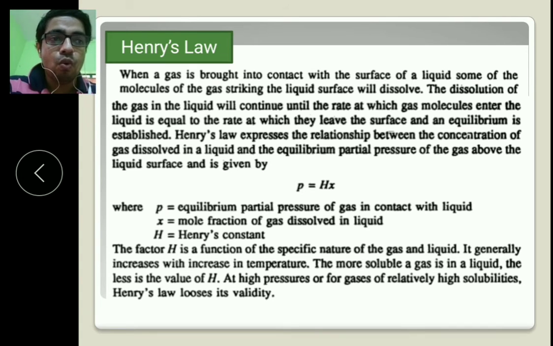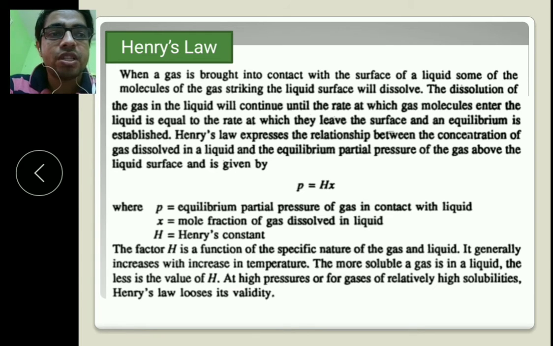The more soluble the gas is in the liquid, the lower the value of H. As the solubility increases, the value of H decreases.